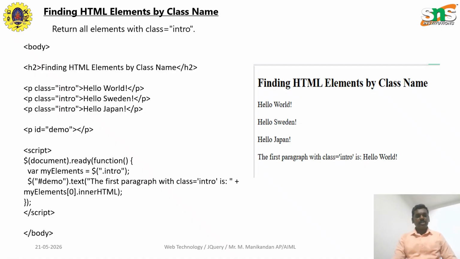So demo dot text, the first paragraph with the class intro is, and this content will be displayed there, and myElement of 0 dot innerHTML. So myElement will have three P tags with different contents, and it will display only the first P tag, that is hello world.